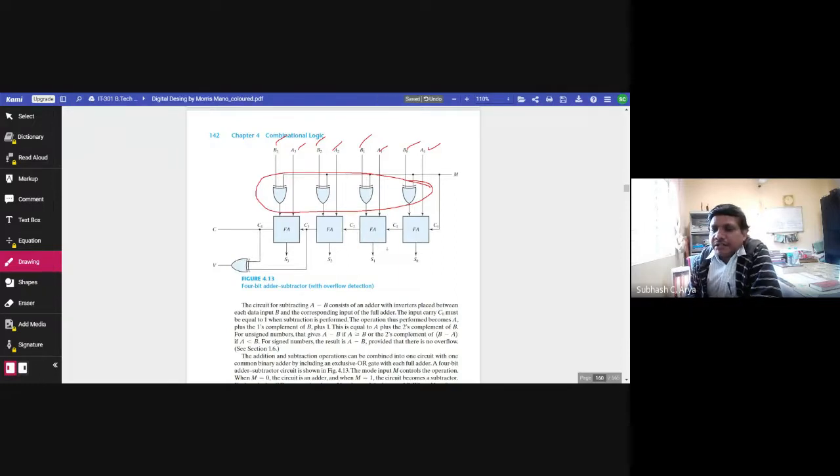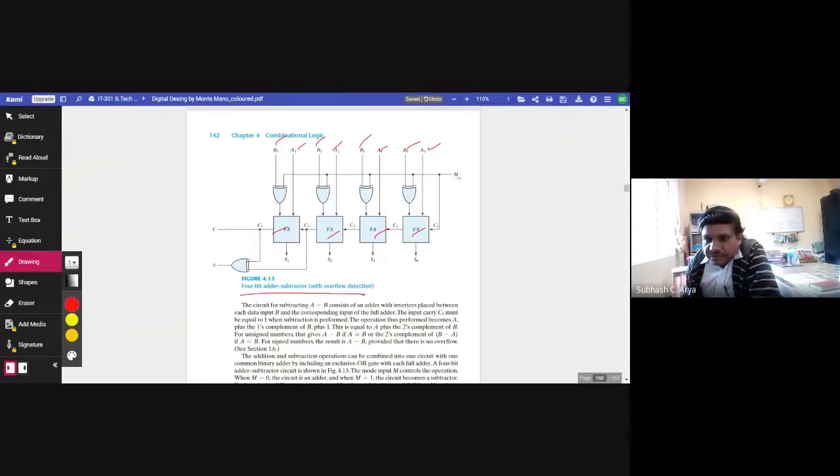So this is nothing but a 4-bit parallel adder. However, in order to do the operation of adder as well as subtractor with the help of the same circuit, this circuit is basically an adder because full adder is used here.